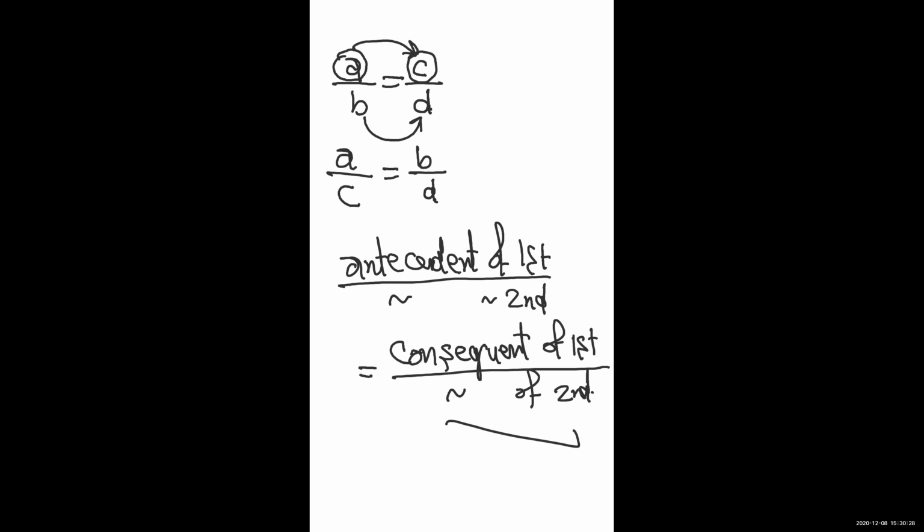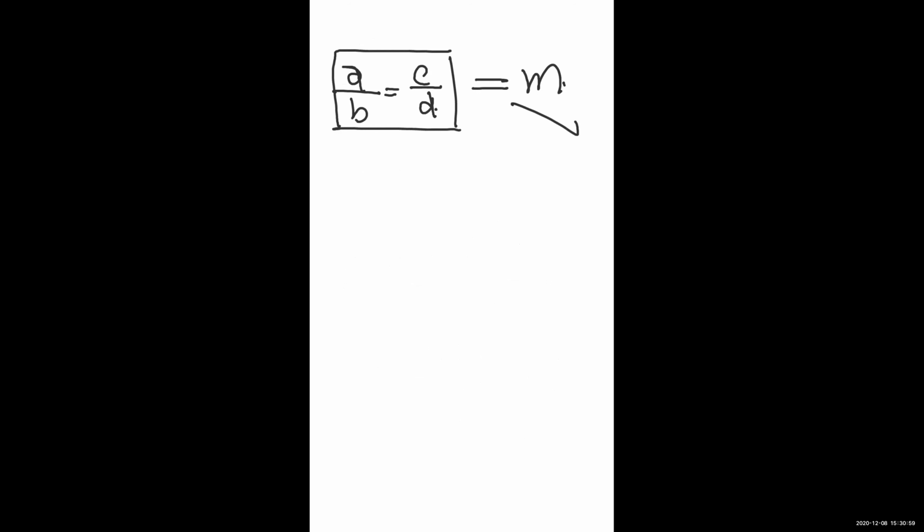Okay, so let's solve one example. Or continue with this one first, then we can solve the examples. If there are proportional numbers and the ratios are like this, a over b equals c over d, it's a ratio, meaning a number, so this one equals a constant like m, right? M is a constant, actually it's m over 1.